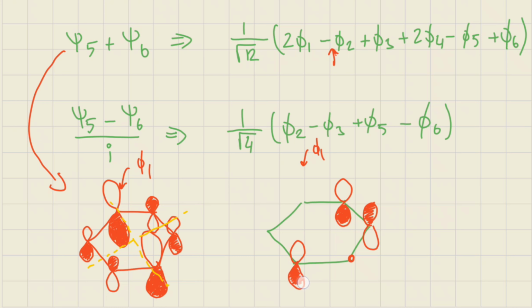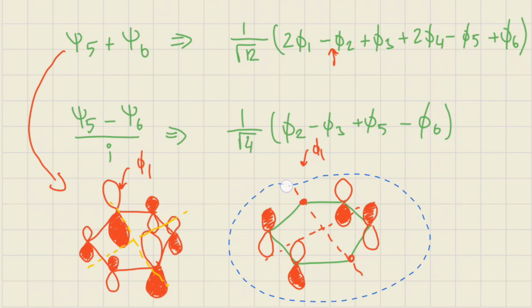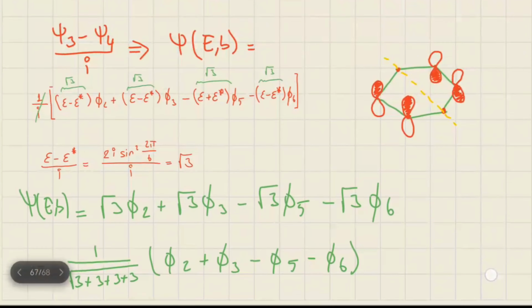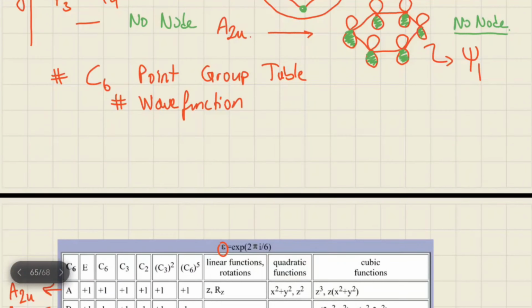So this is positive. And phi 6 here, and it is negative. So we have a node. By the way, this is empty. We have a node from here to here, and we have a node from here to here. So this is the other molecular orbital for the benzene.